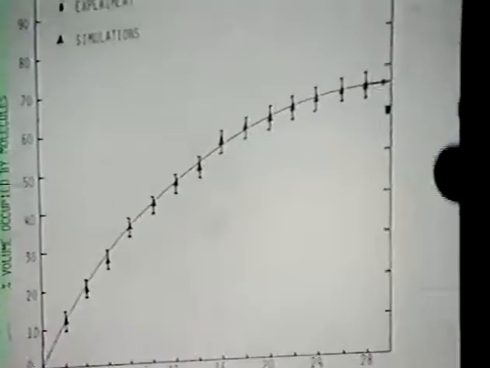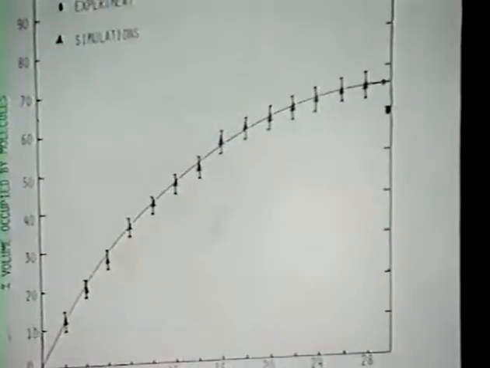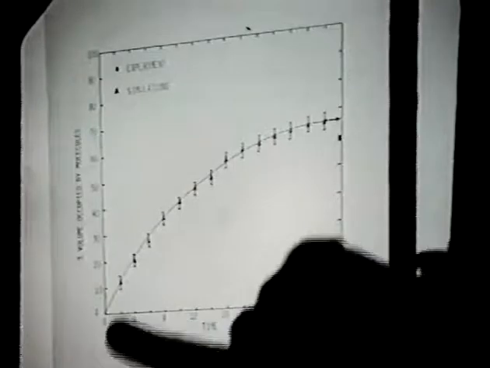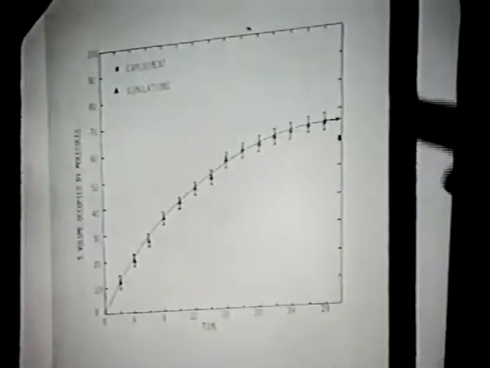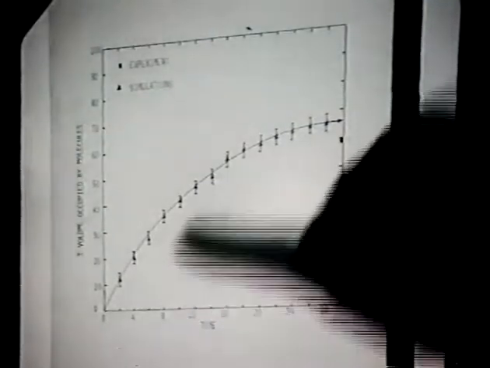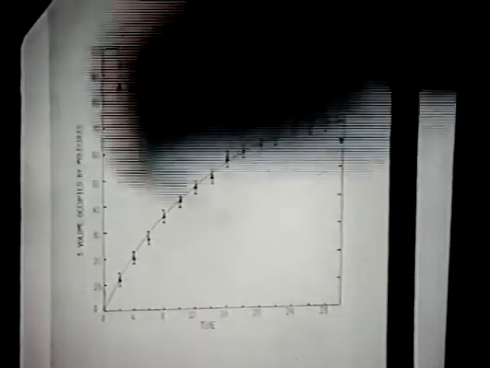And if we do that, we find that we get a behavior like that. This is the volume fraction of the pore space occupied by the molecules versus time. As you run the simulation, you eventually reach a point where it doesn't change with time anymore. For this system, this is about 65%.